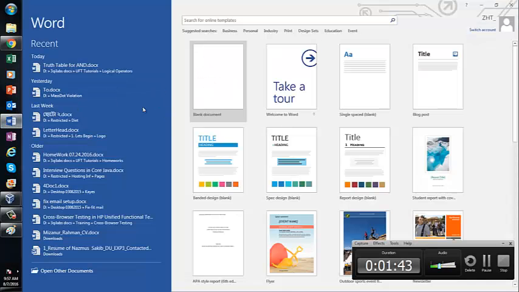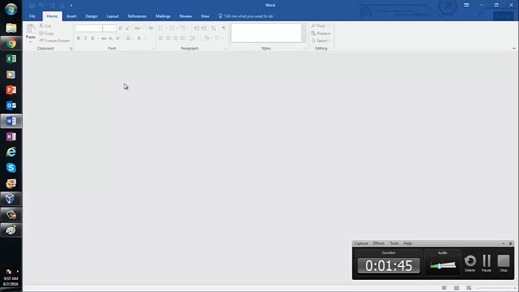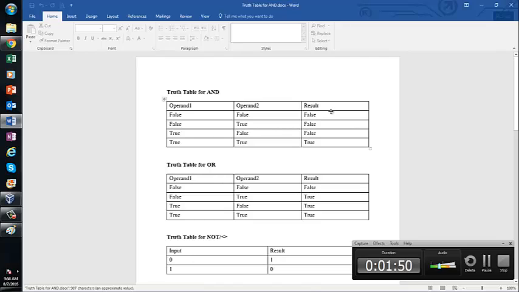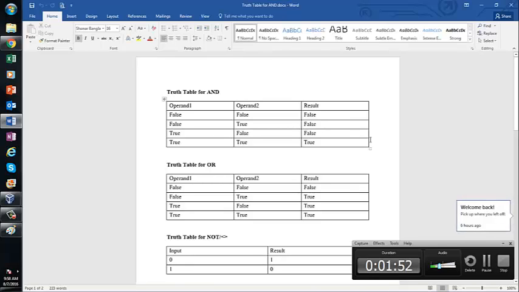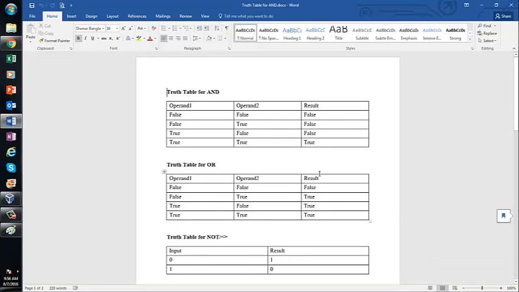Okay, so it is a truth table. This is the document that I wanted to present to you. See, in computer science this is called a truth table. So, the truth table for and. What is that truth table?